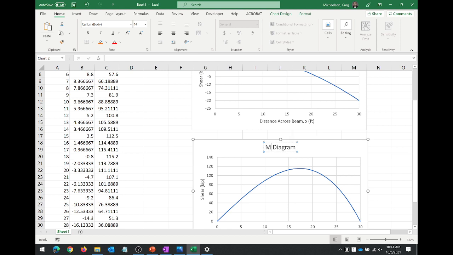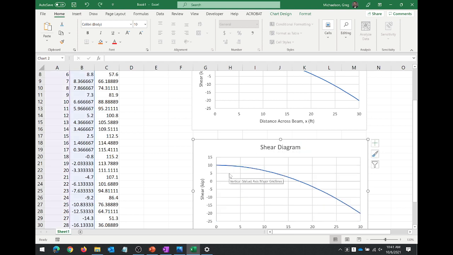All I got to do now is call this moment diagram. Sorry. I'm trying to get my numbers. All right, look right here. So I copied and pasted the plot again, right? And all I did is see where this column over here on the left is highlighted blue? And see how the cursor kind of has that little arrow with the plus sign?